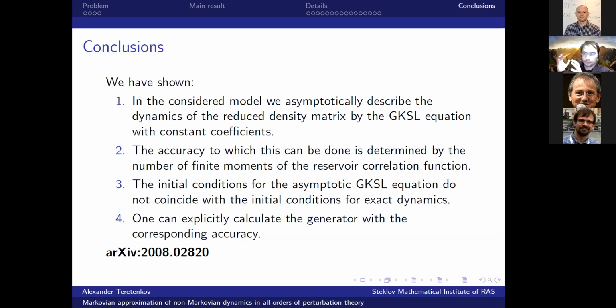The accuracy to which we could do it is defined by the number of moments which exist here. We have to redefine the initial conditions in this perturbation theory, and moreover, we sometimes have to redefine them to non-physical initial conditions. And it is possible to explicitly calculate all these coefficients with corresponding accuracy.